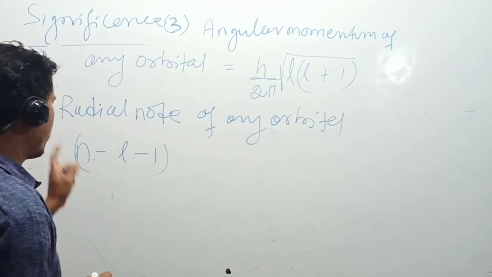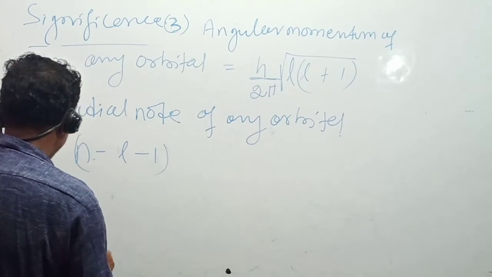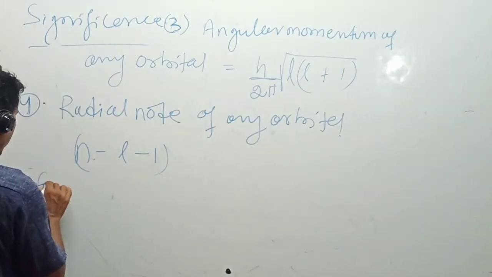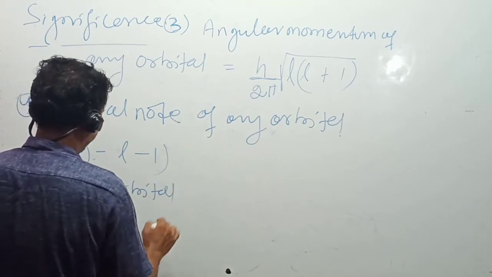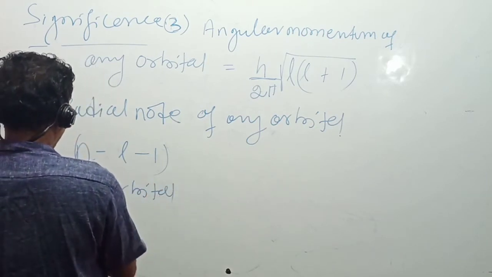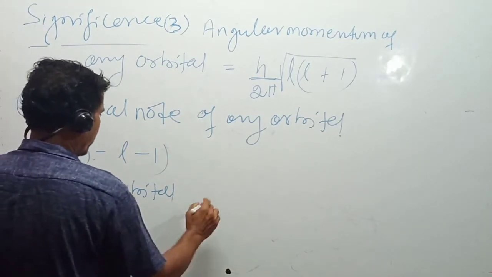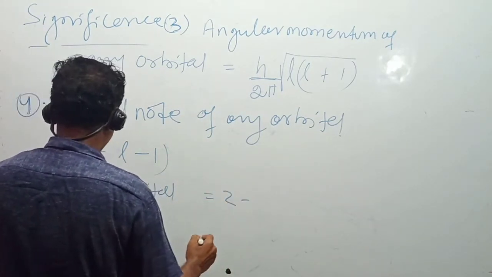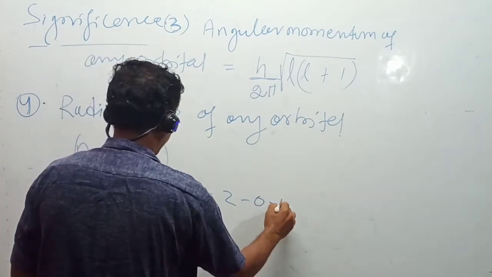For example, we have to calculate the radial node of s orbitals. For 2s orbital, n equal to 2. For s, L equal to 0, minus 1.